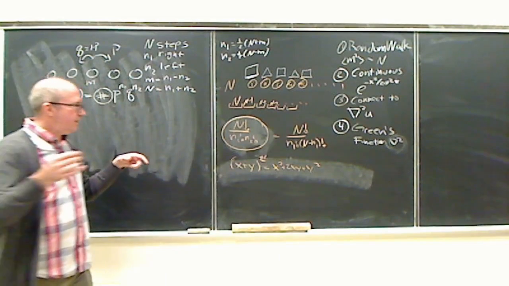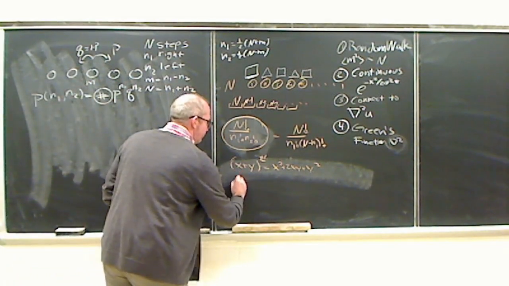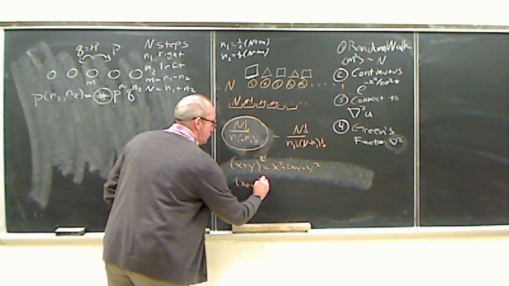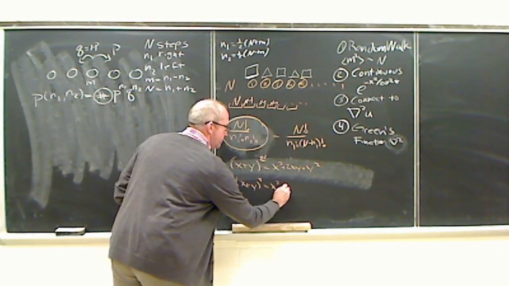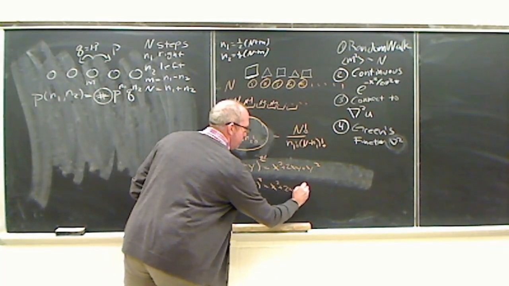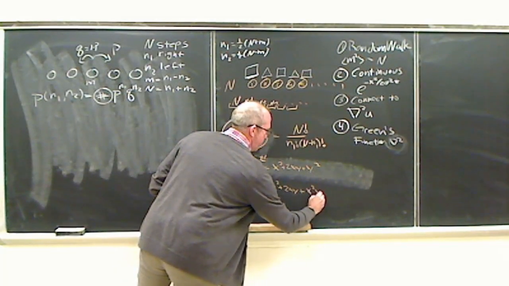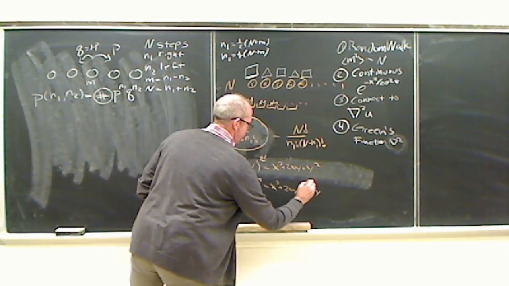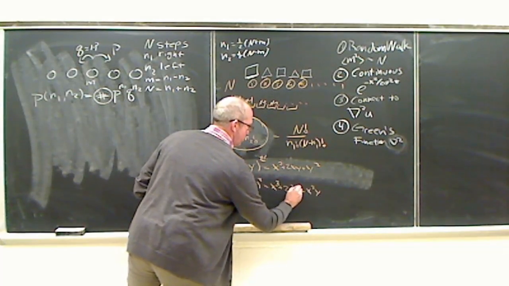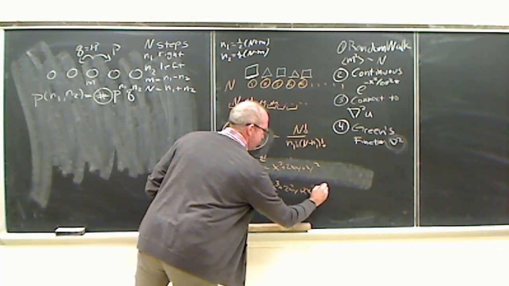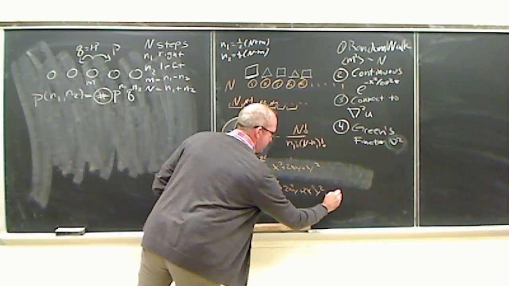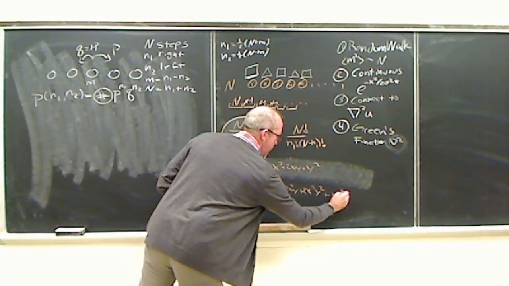Right? I do it again. If I have x plus y cubed, this is x cubed plus 2x squared y plus 2xy squared plus y cubed.